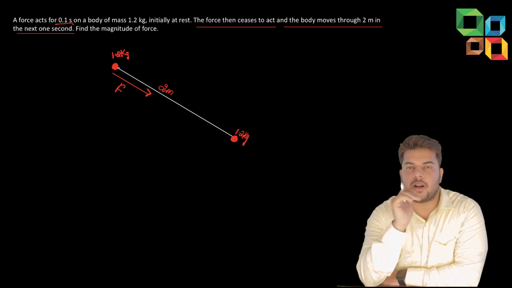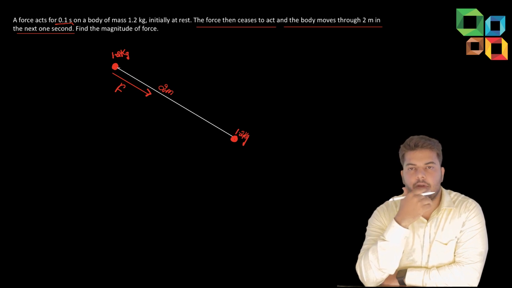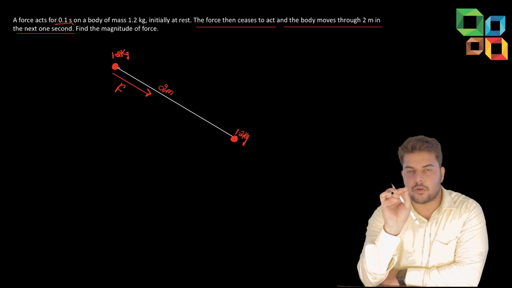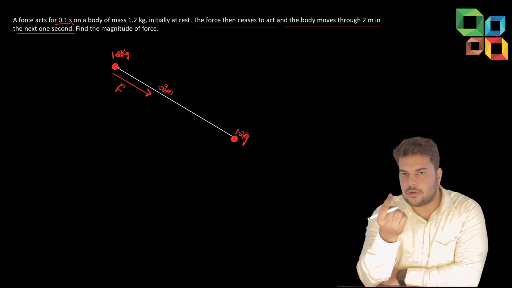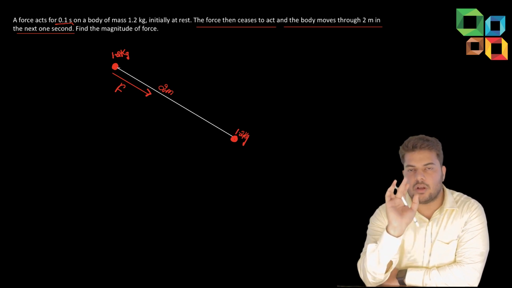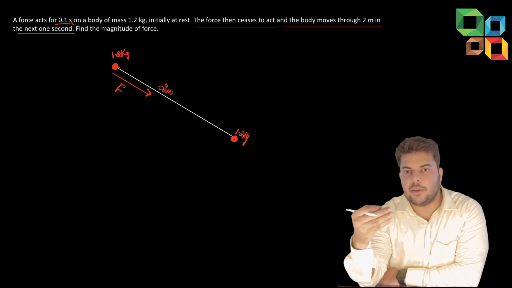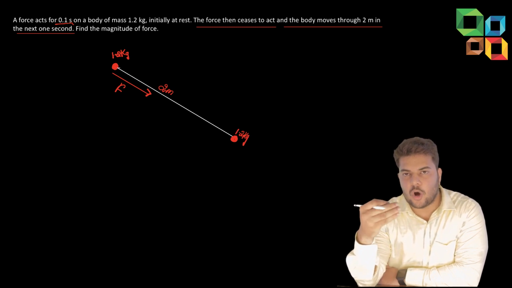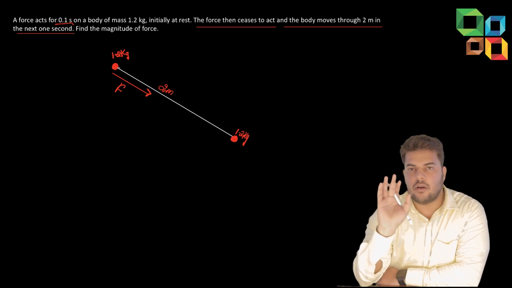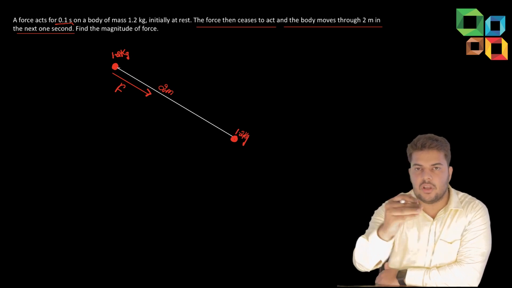You push your friend with a force of certain magnitude, and when you push your friend, he tends to accelerate for that short duration of time where you have applied the force. What happens later? Once you have stopped the push, the person does not keep on accelerating. No, he stops accelerating.